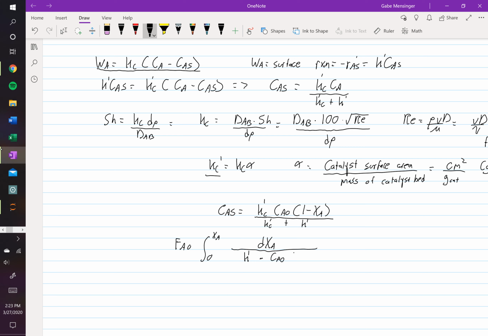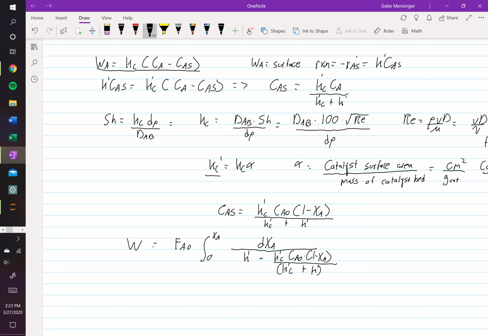CA naught, make sure I get everything. K prime Kc prime CA naught times 1 minus XA over K prime plus Kc prime. Which is equal to our catalyst weight.